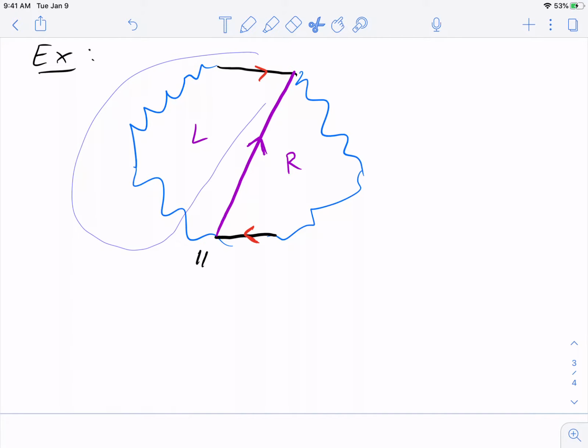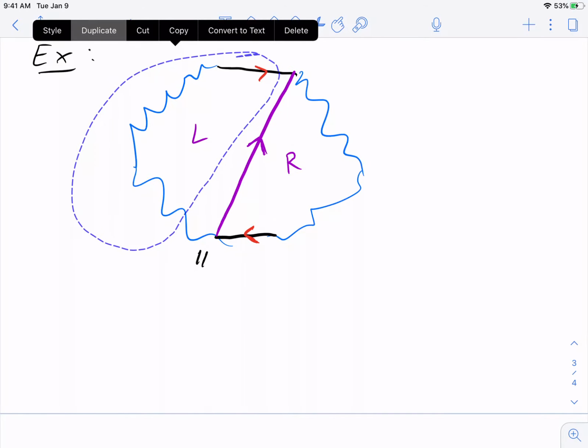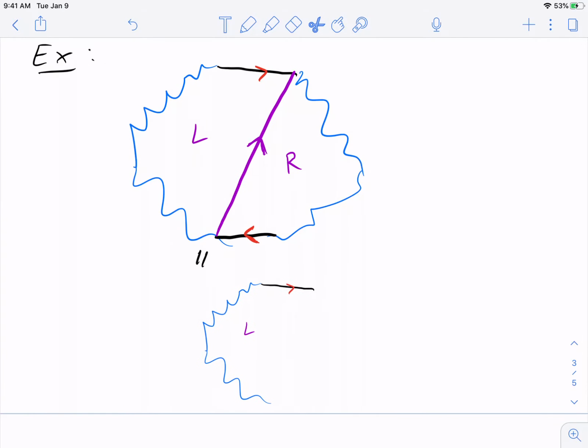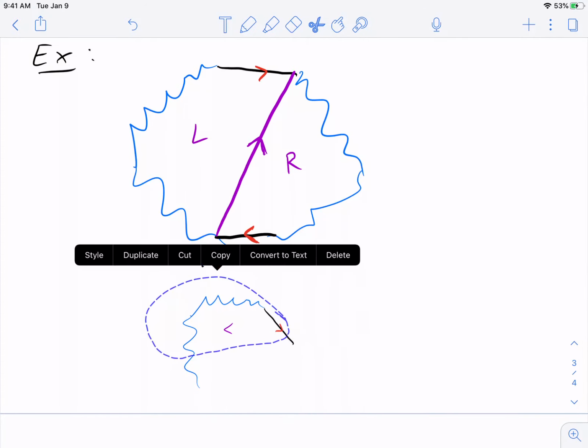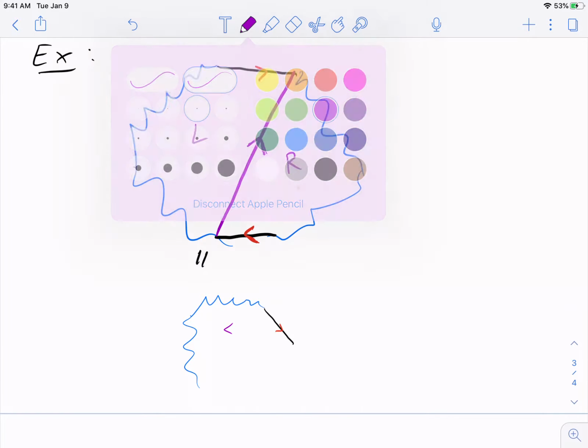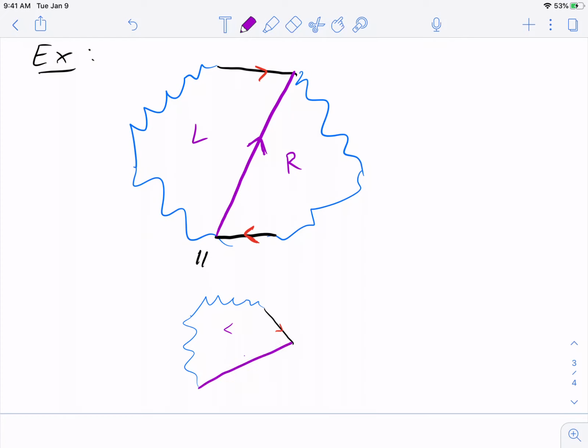Well, let me just copy this. So here's the left side here, and it's got this purple edge still. And then the right side, if I want to glue the right side onto the left side along the red arrow, I'm going to have to flip it over so that the arrows are pointing in the same direction.